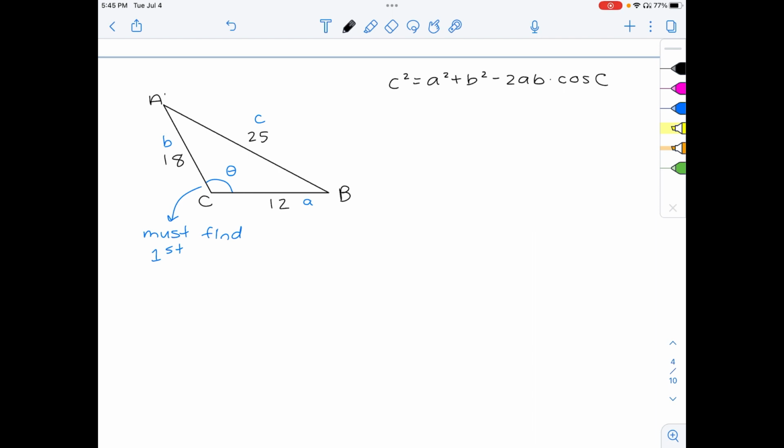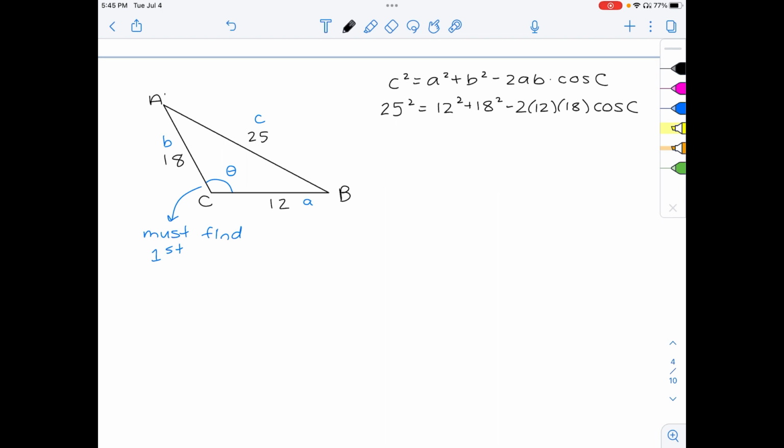Then I'm going to fill in what I know. So 25 squared equals 12 squared plus 18 squared, subtract 2 times 12 times 18 times cosine of C. And I'm now going through and calculating, following the same order of steps that I did in the previous example.